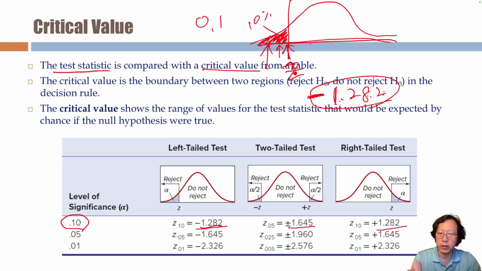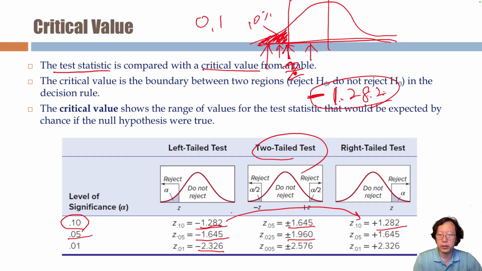If the z-value is greater than this one, which means even though the null hypothesis is true, you still have a pretty good chance to get that x bar, so we cannot reject the null hypothesis. The critical point will be minus 1.645, which is 0.5, and so on. But for the two-tail case, this is just a plus and minus relationship, right? But in the two-tail case, your probability will be divided into two different parts, that's why you can have a different number here.